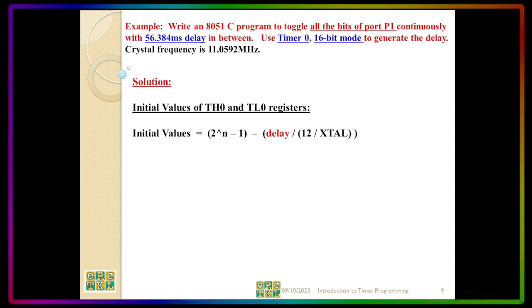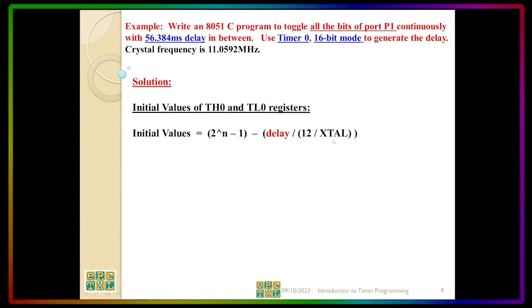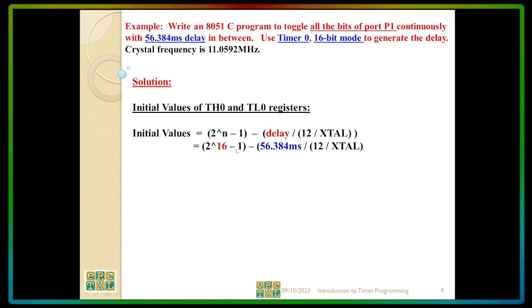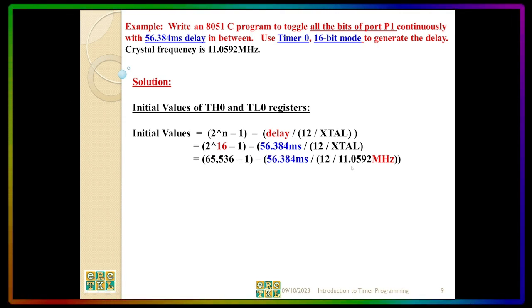The solution here is we will calculate the initial values for our TH0 and TL0 registers, which I have discussed before. The formula is 2 to the power of n, minus 1, minus the delay divided by 12 divided by the crystal frequency. Substituting the values, it becomes 2 to the power of 16, minus 1, minus the delay of 56.384 milliseconds divided by 12 divided by the crystal frequency of 11.0592 megahertz.